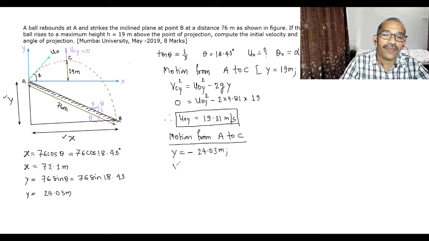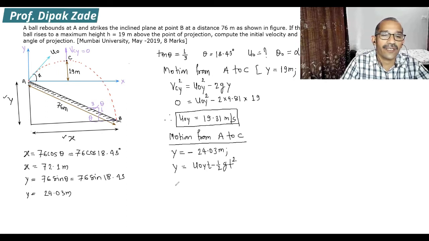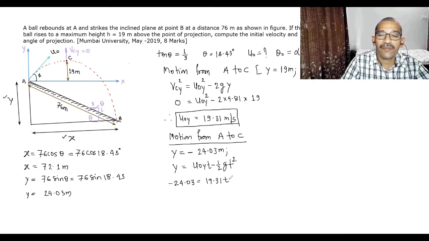Therefore if we apply our equation of motion, y equals u0y t minus half g t square. What y are we getting here? That is minus 24.03, we know. u0y is 19.31, this is t, minus half g is 9.81 and t square.